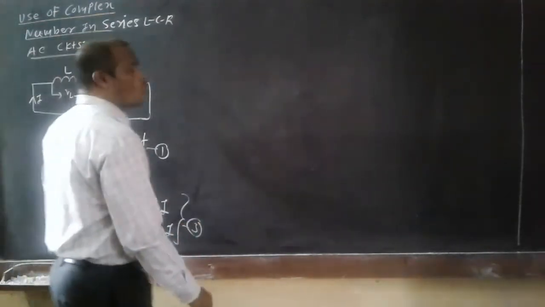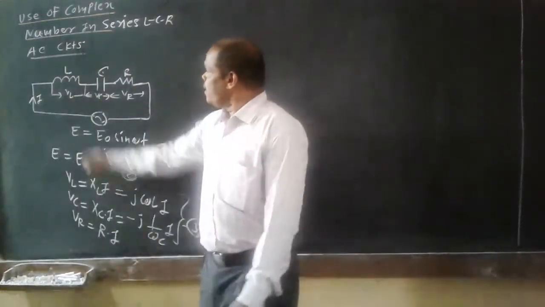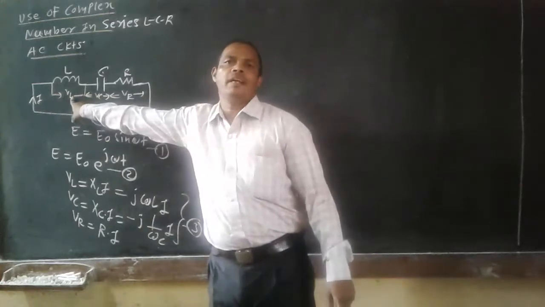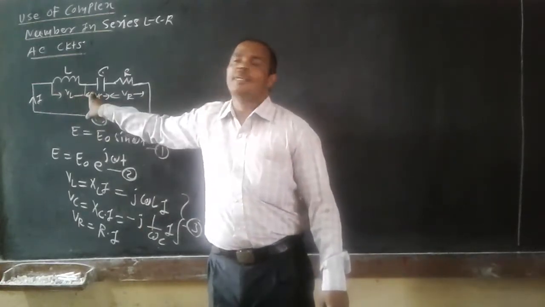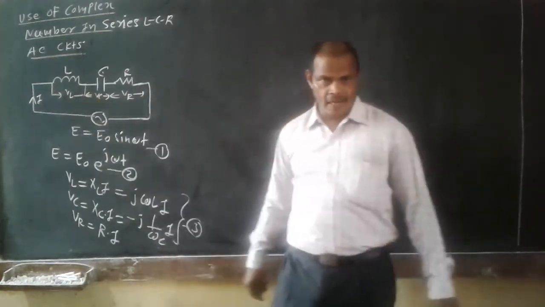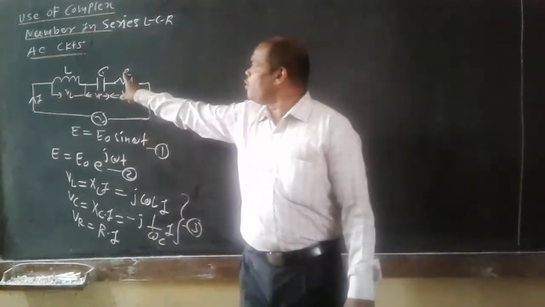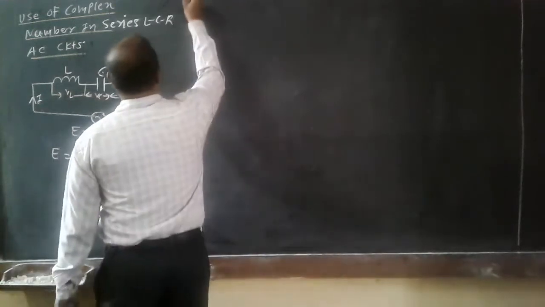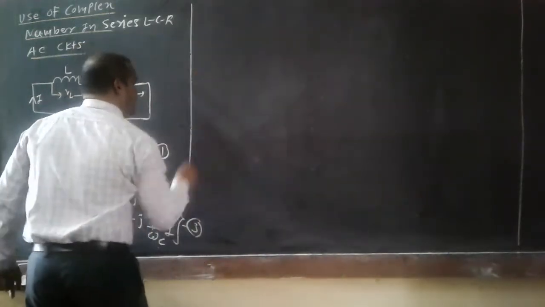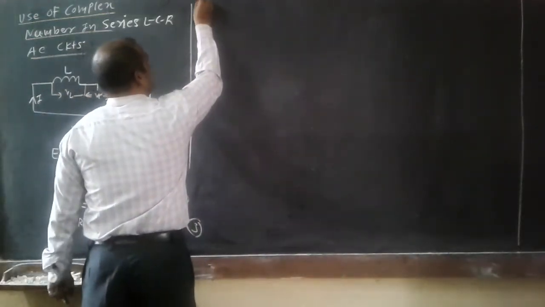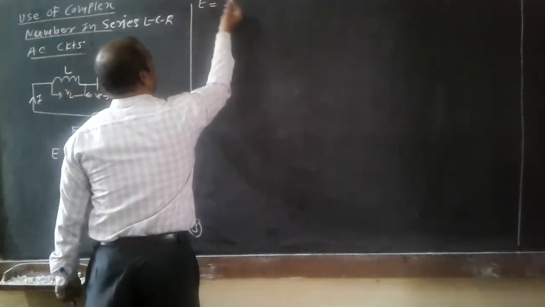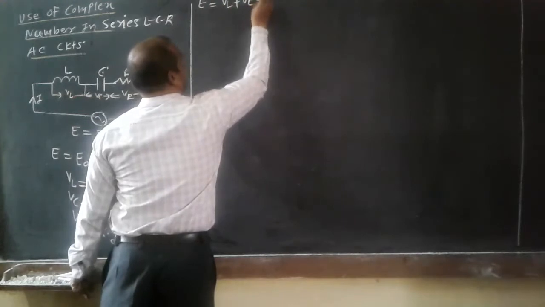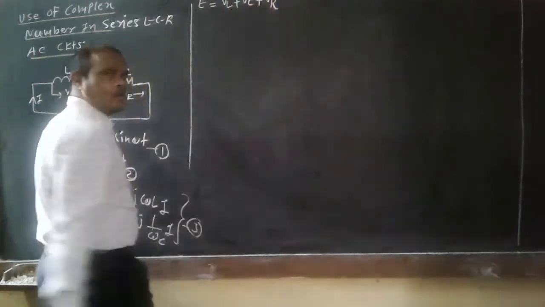Now the total voltage in the circuit is the sum of the voltage across inductor L, that is VL, the voltage across the capacitor, that is VC, and the voltage across resistance, that is VR. Hence I can write total voltage, say capital E, is equal to VL plus VC plus VR.